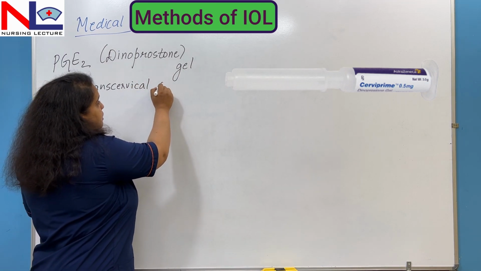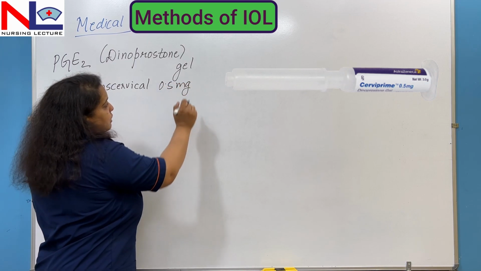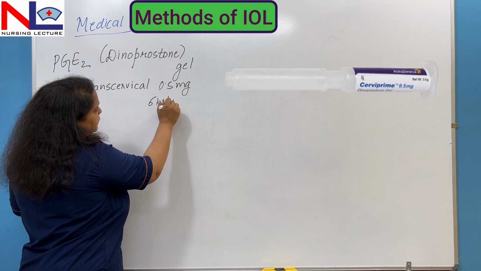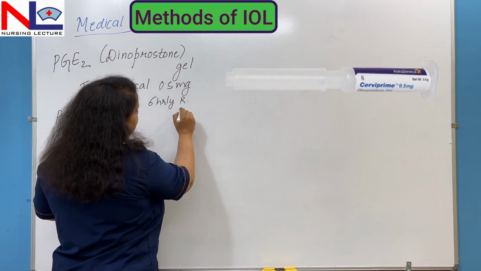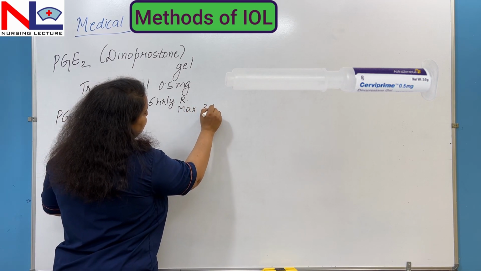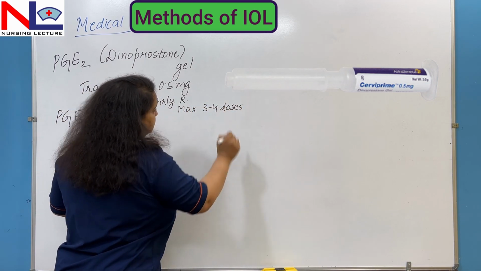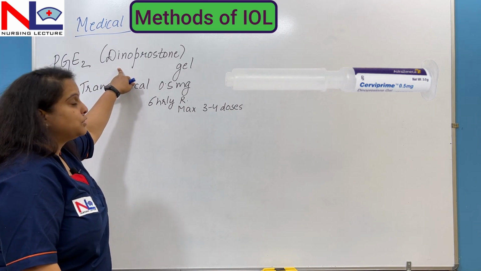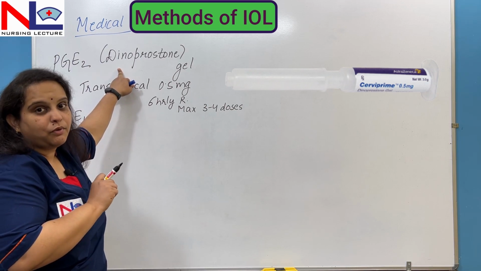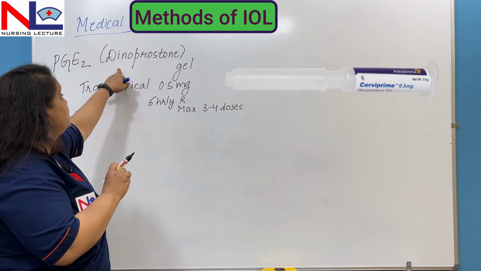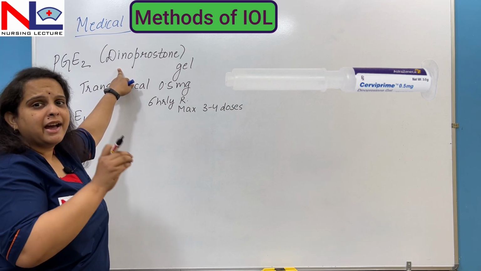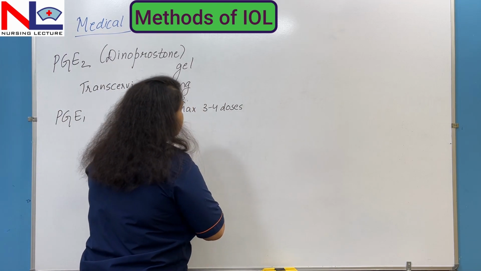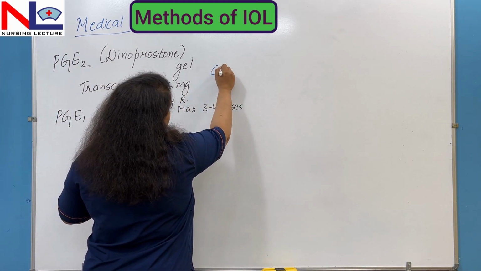It is available in 0.5 milligram, and we can repeat it 6 hourly, up to a maximum of 3 to 4 doses. It is the most effective drug, but it needs refrigeration for storage and efficacy. It is mainly useful in cervical ripening.